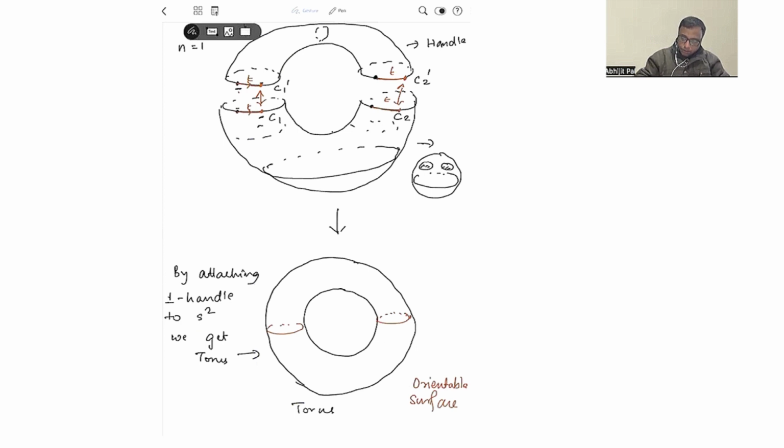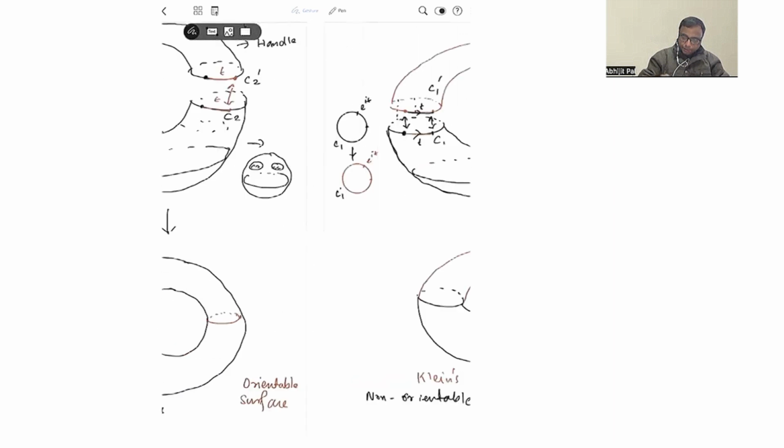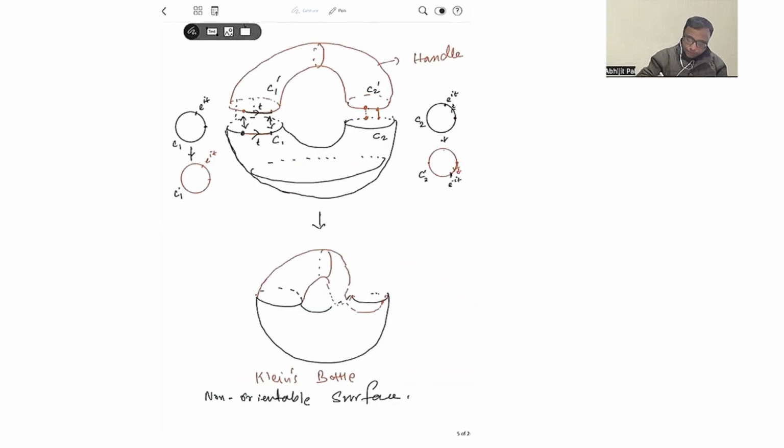Now one of these attaching maps, you can take to be orientation reversing. Here again you are attaching one handle to the sphere. The lower one is a sphere with two holes, and the upper one is homeomorphic to a cylinder.